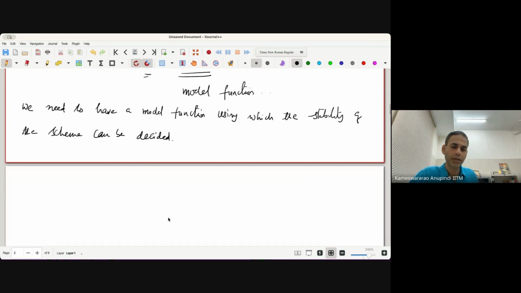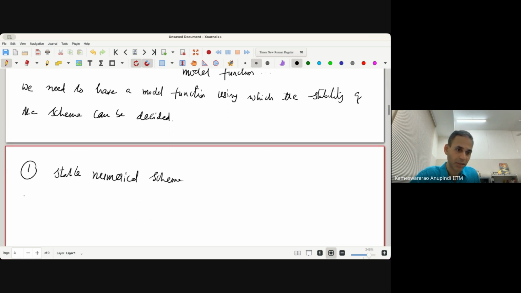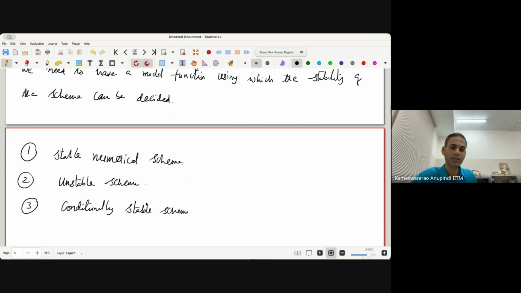We have seen that in this context, a particular scheme can be stable, a stable numerical scheme, that means it is unconditionally stable. And then similarly, we have an unstable scheme, or we have also identified conditional stability, that is a conditionally stable scheme. So we have these three choices: stable scheme, unstable scheme, and conditionally stable scheme.